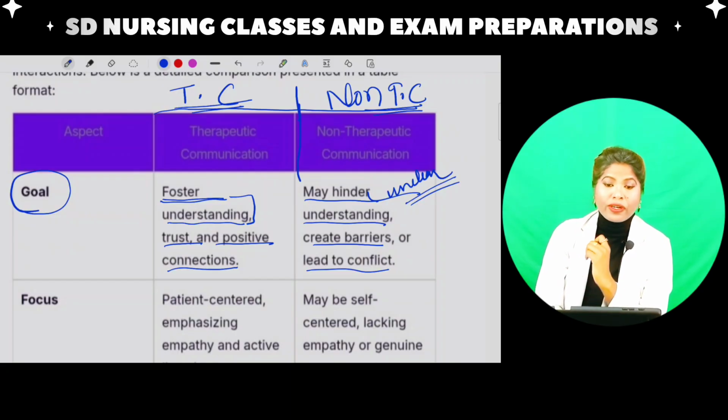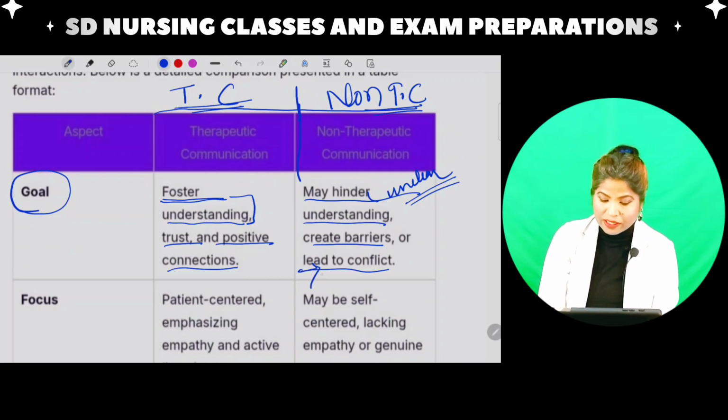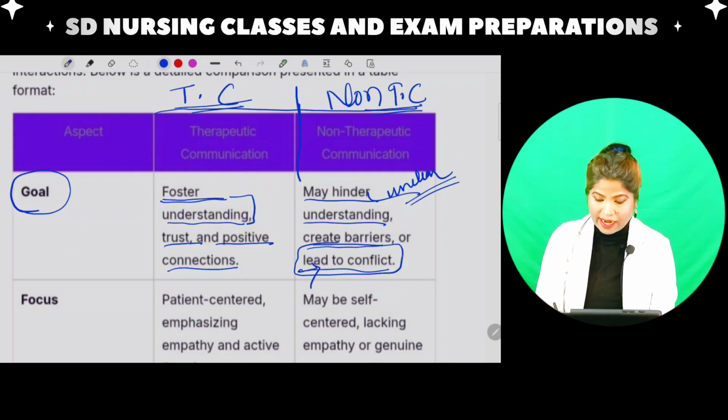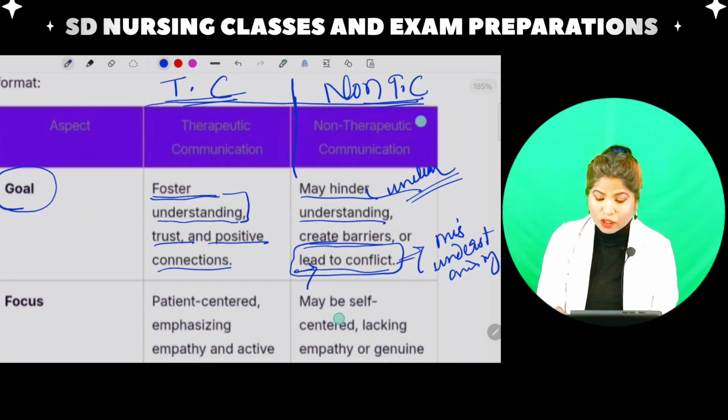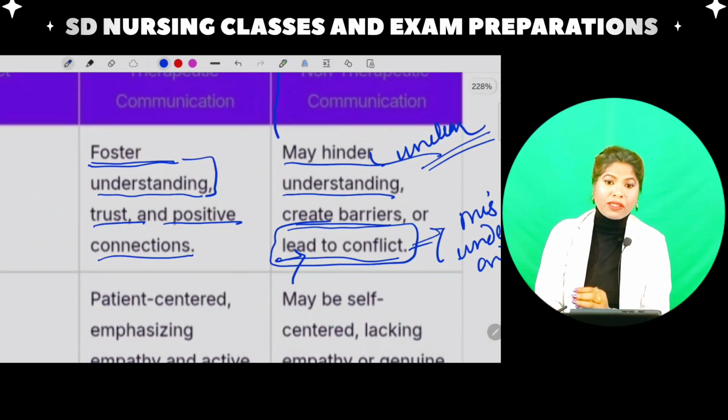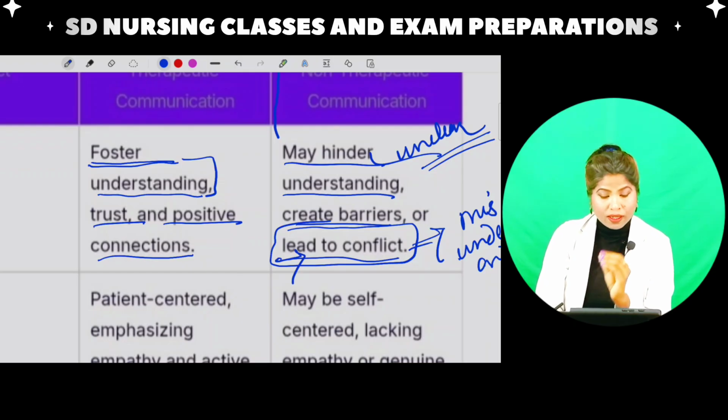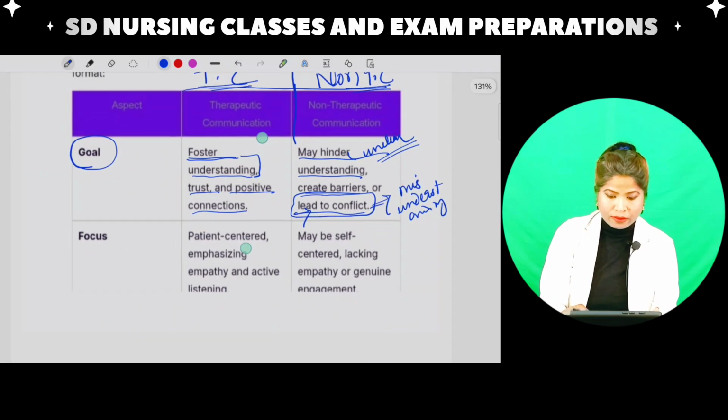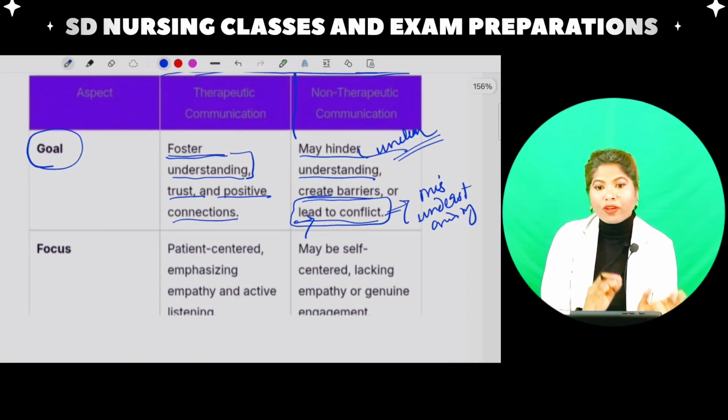And at last, because of their misunderstanding, it leads to conflict. So this is non-therapeutic communication, which we have to avoid.